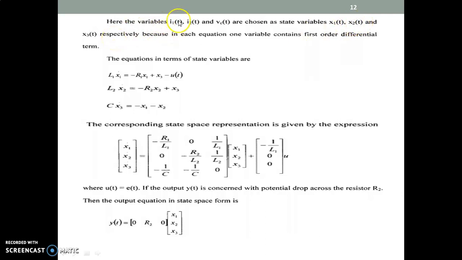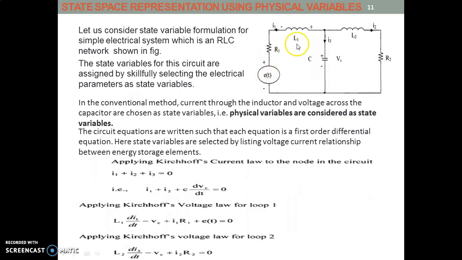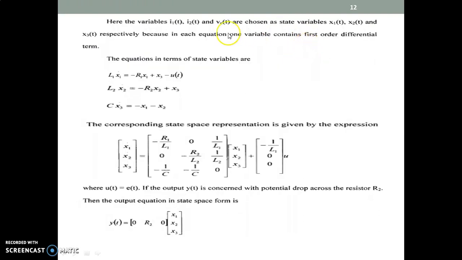Why are you taking them? I1 is the current through inductor 1, I2 is the current through inductor 2, and Vc is the voltage across the capacitor. That's why you have selected them as state variables. We are assuming these as X1, X2 and X3.